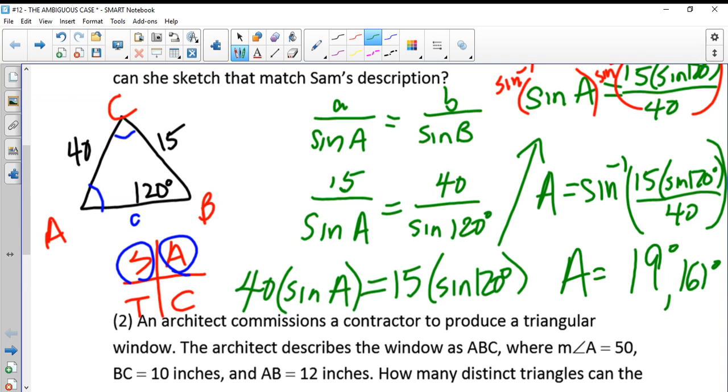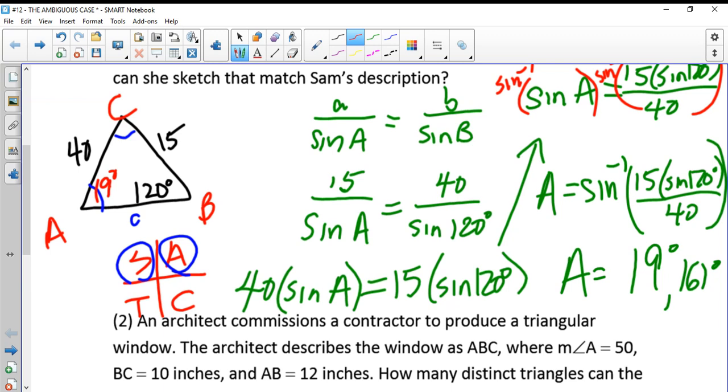But now we have an application. Can I actually make a triangle? Remember, this is a piece of metal for a sculpture. Will both of these angle measures work? If I take just 19 degrees to start with, that means angle A would be 19 degrees.